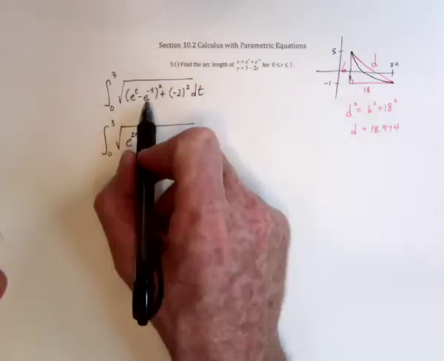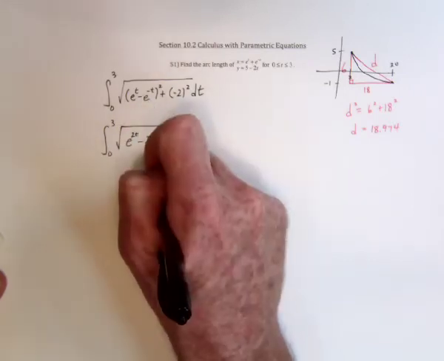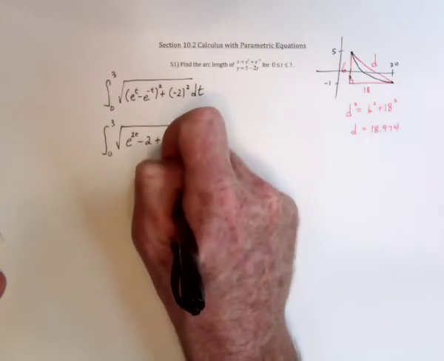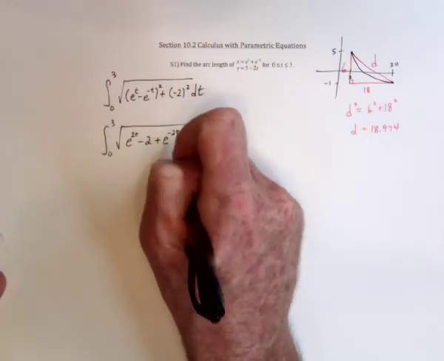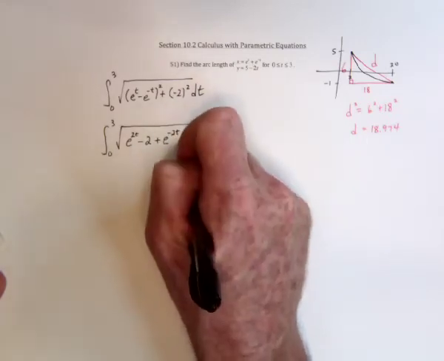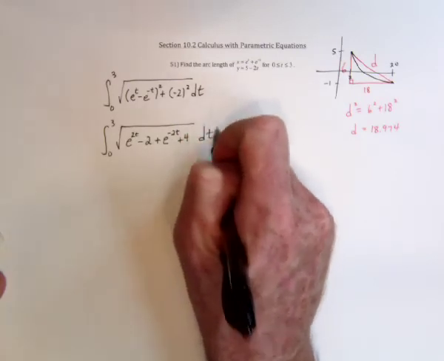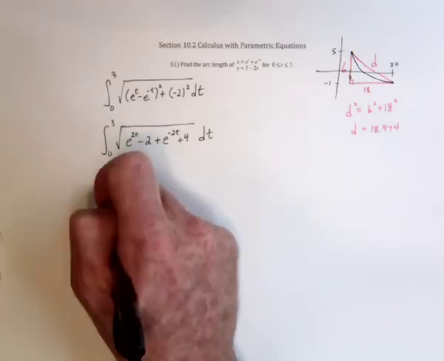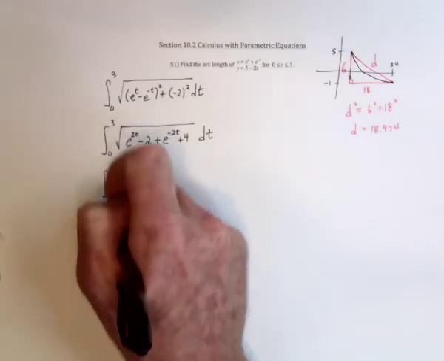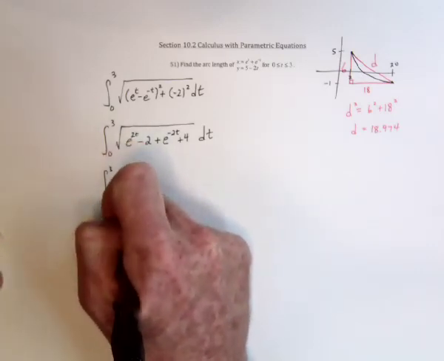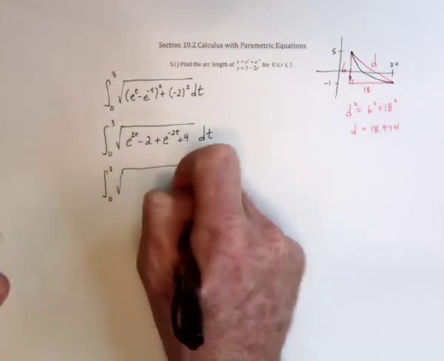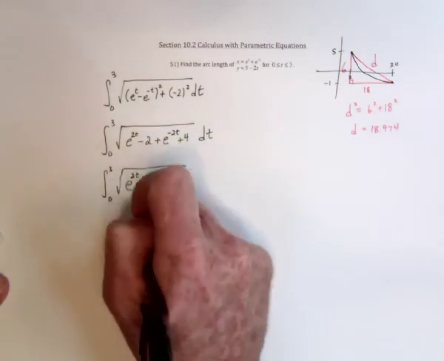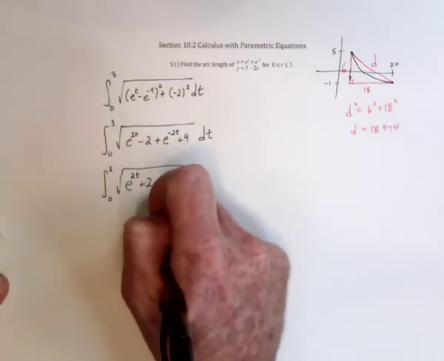And then this, when you square it, is going to become a positive e to the negative 2t. And this, of course, is going to be a 4. Next, we can combine the negative 2 and the 4. So e to the 2t, this together with this will make it a positive 2.